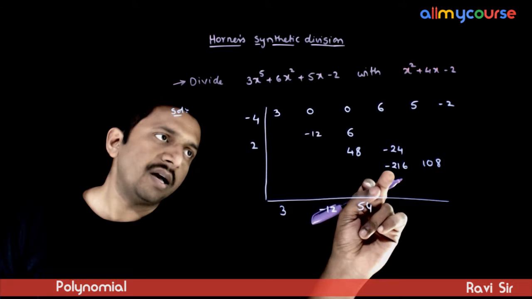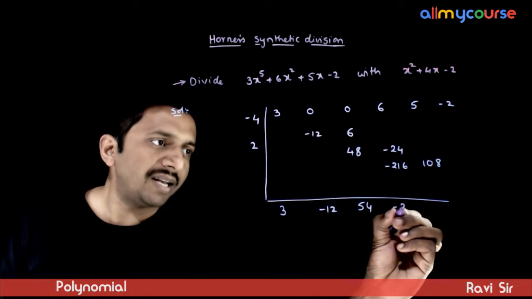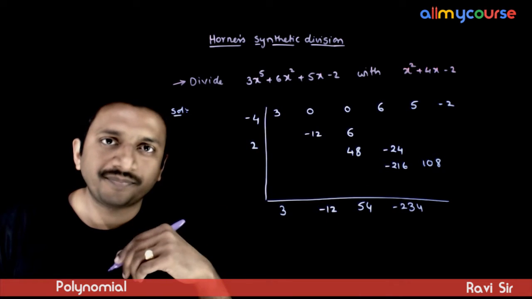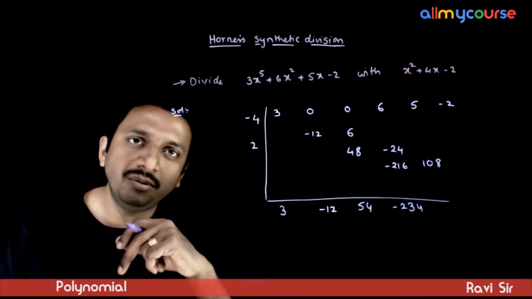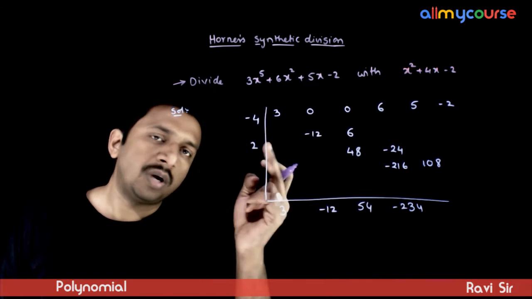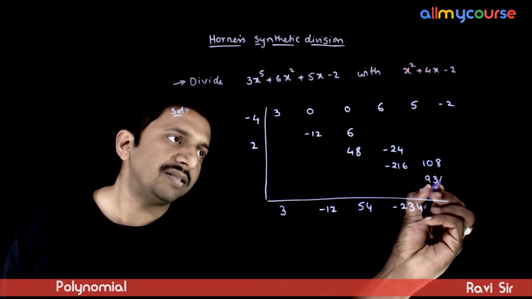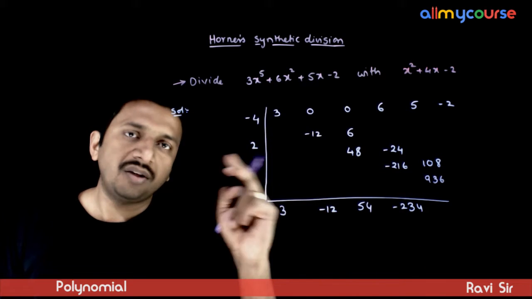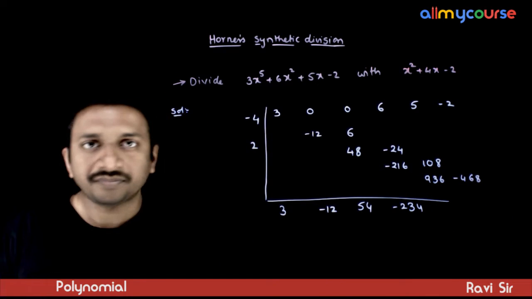So 200 minus 240 plus 6 is minus 234. Now minus 234 into minus 4. So 800 plus 120, 920 plus 16 is 936. And minus 234 into 2 is minus 468.